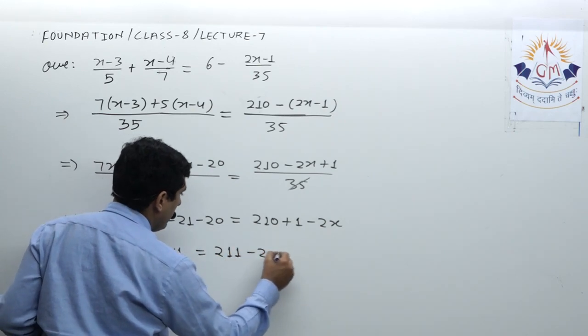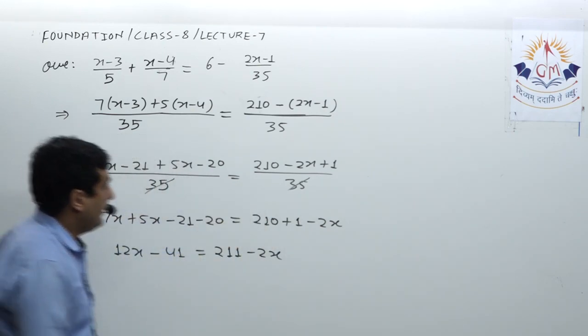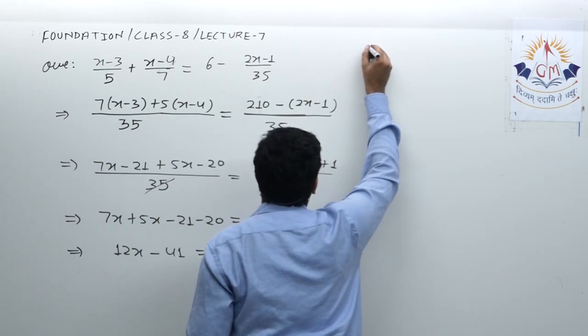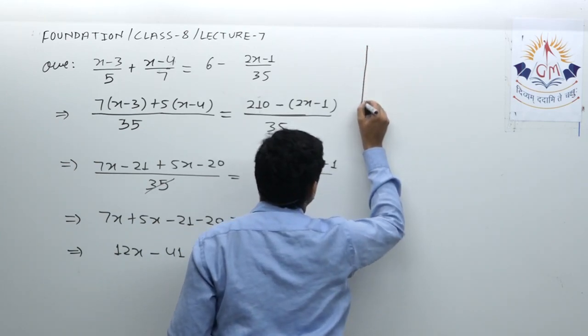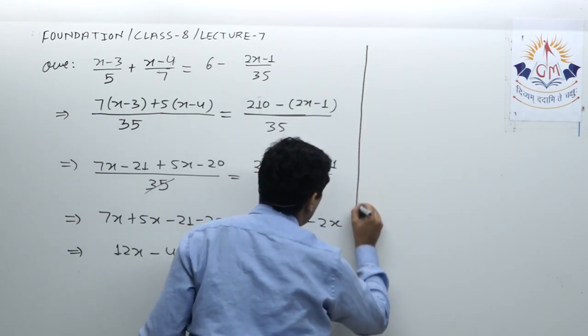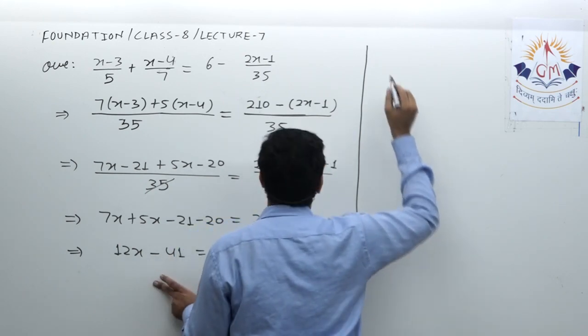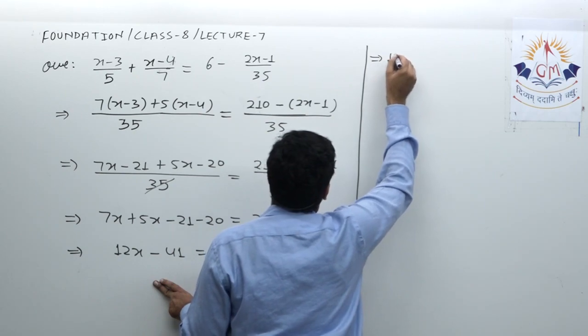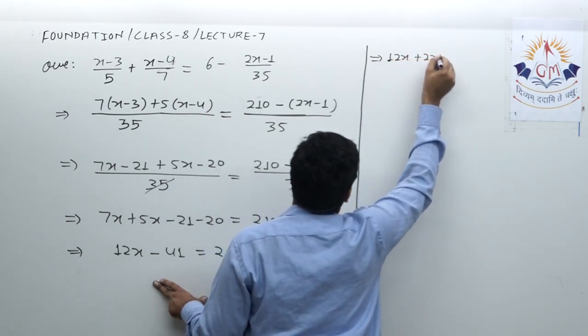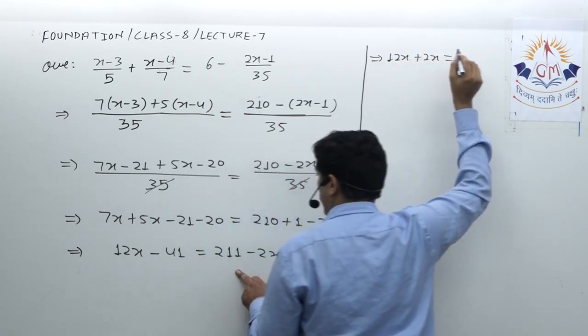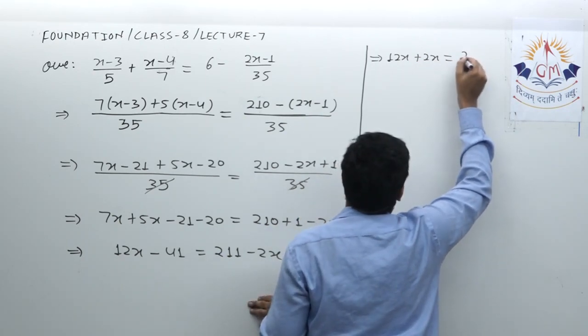211 minus 2x. Now in this step what I will do, I'll take the terms containing x on the left hand side and the terms which are constant on the right hand side. So 12x plus 2x is equal to 211 plus 41.